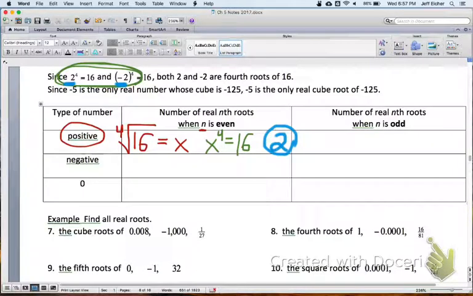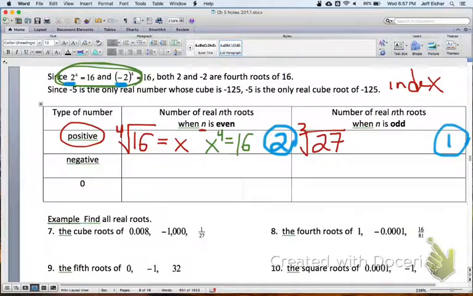Now let's go across the table. Let's take a positive number, like 27. And now, the n is called the index. If our n is odd, we don't have that issue of getting 2, like a positive and a negative. We would only get one real answer.